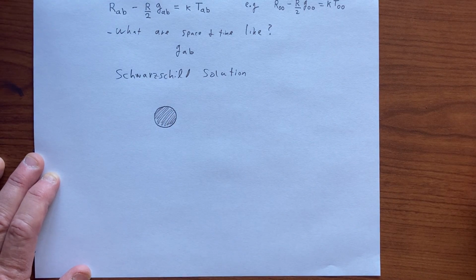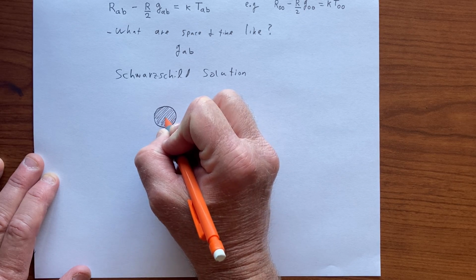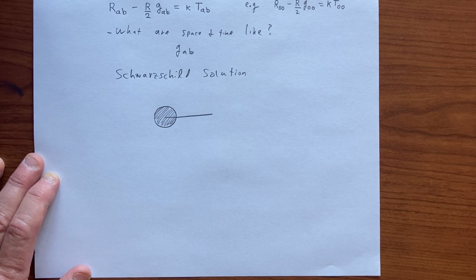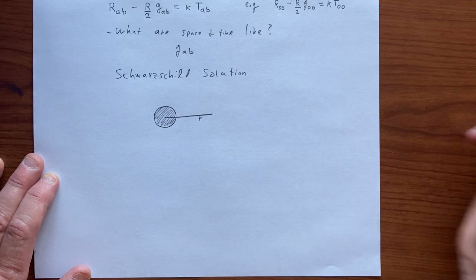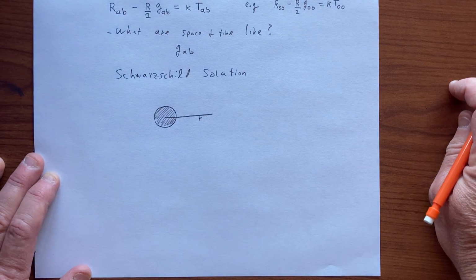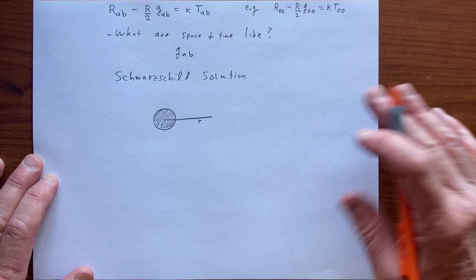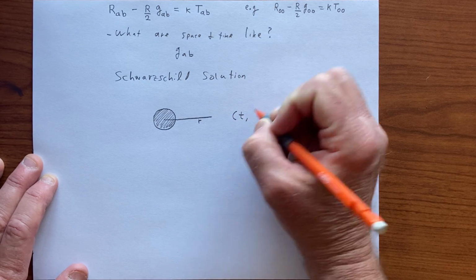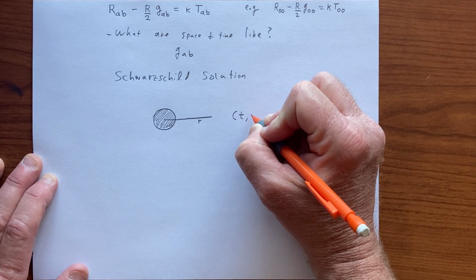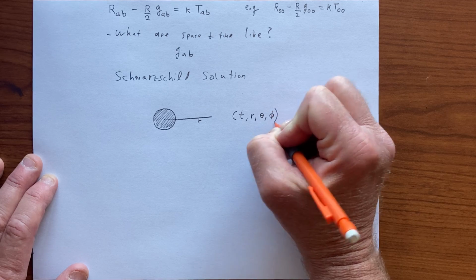It's uniform, and we think in terms of coordinates that are familiar to us, where one could be a radial coordinate. There's always the issue of interpreting these coordinates because the curvature changes things. So we want to make sense of the space-time in terms of time, a radial coordinate, a theta coordinate, and a phi coordinate.